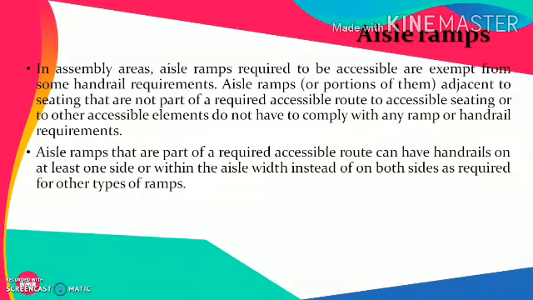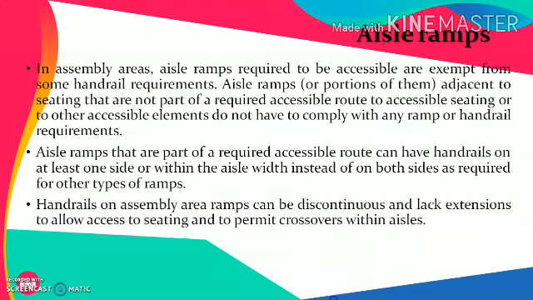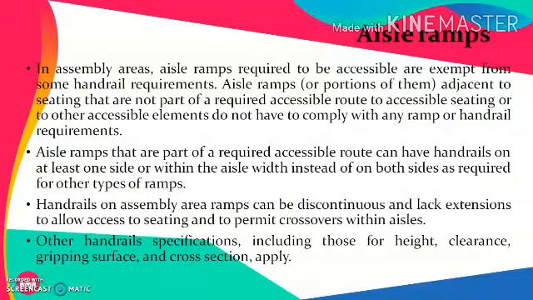Those that are part of a required accessible route can have handrails on at least one side or within the aisle width instead of on both sides as required for other types of ramps. Handrails on assembly area ramps can be discontinuous and lack extensions to allow access to seating and to permit crossover within this space. Other handrail specifications including those for height, clearance, gripping surface and cross section remain the same and are applicable.